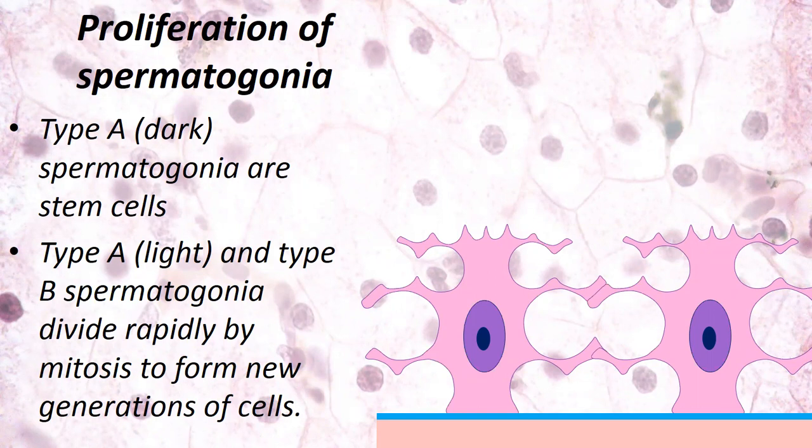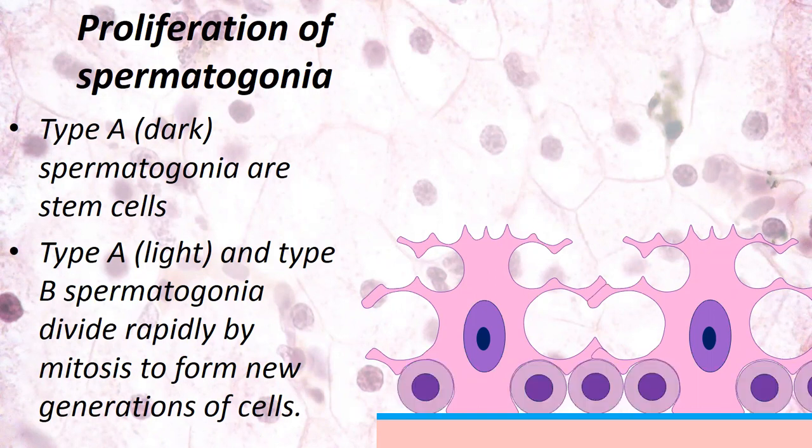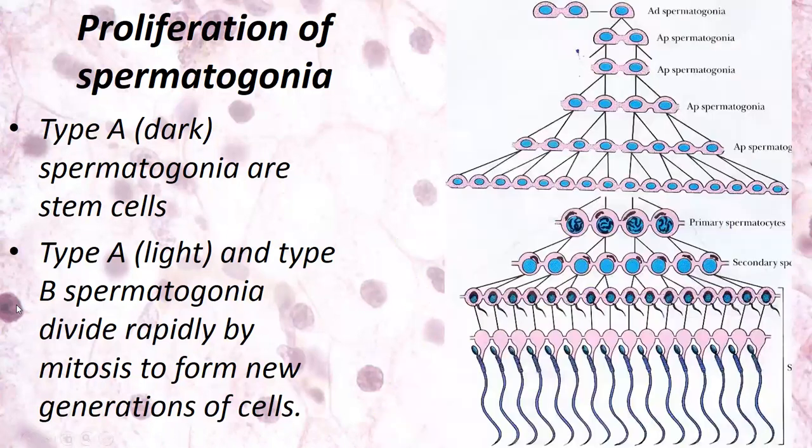There are type A dark spermatogonia, which are stem cells, type A light spermatogonia, and type B. Type A is divided into dark and light. Type A dark cells aren't active, while light type A and type B spermatogonia are active, and they divide rapidly by mitosis and form new generations of cells.